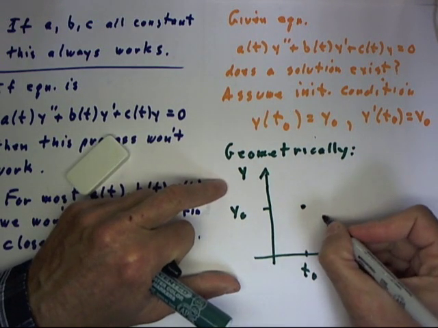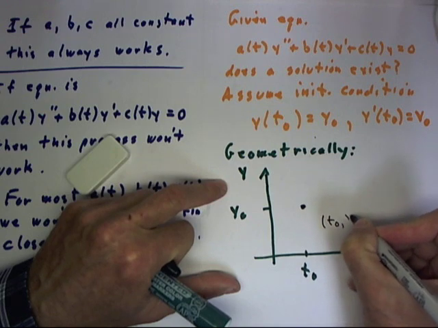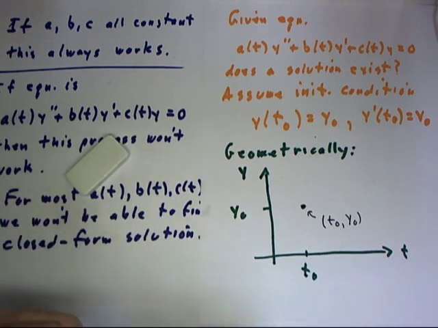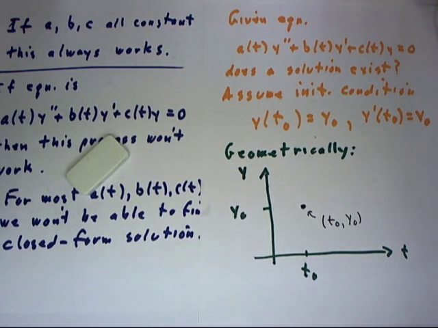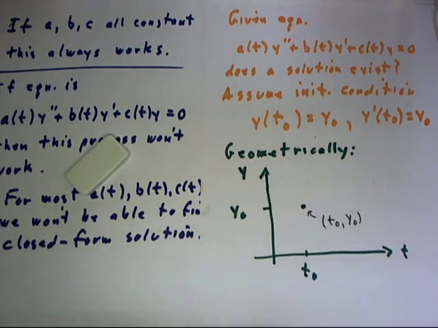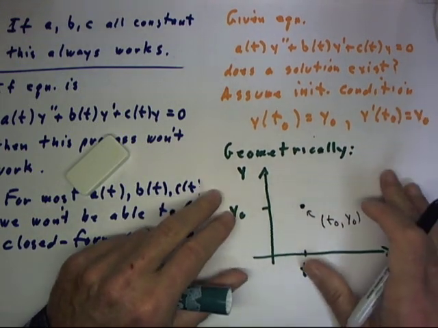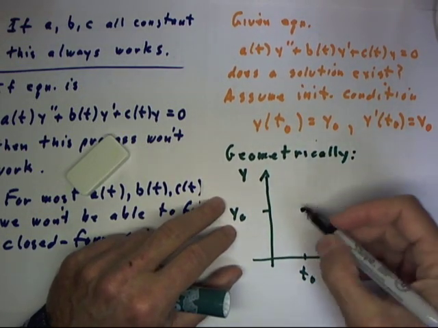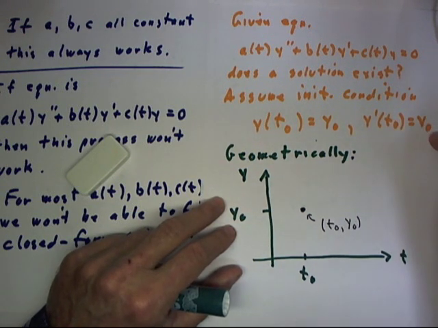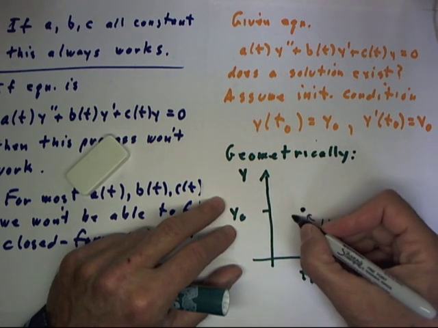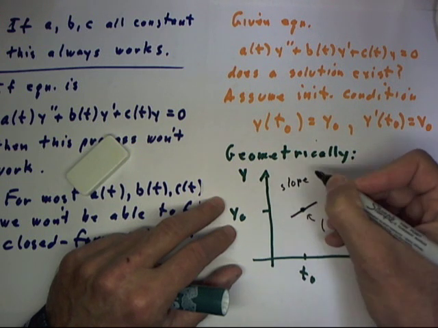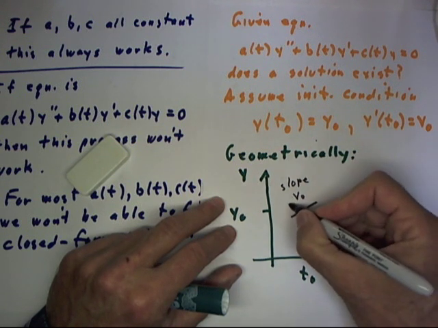So let's label the coordinates of the point t naught, y naught. Then the condition y prime of t naught equals v naught simply means that the derivative of y, which is going to be the slope of the y versus t curve at the point t naught, is v naught. So at this point it means we have slope v naught.